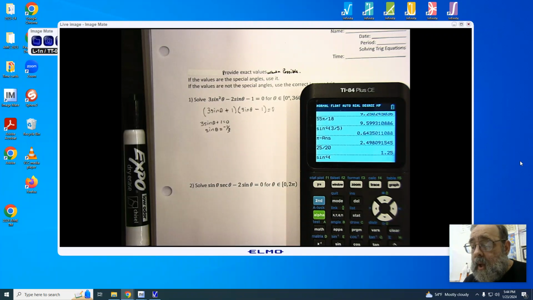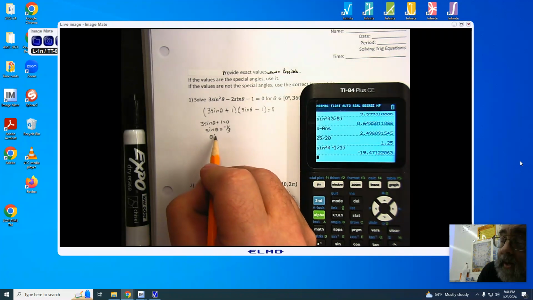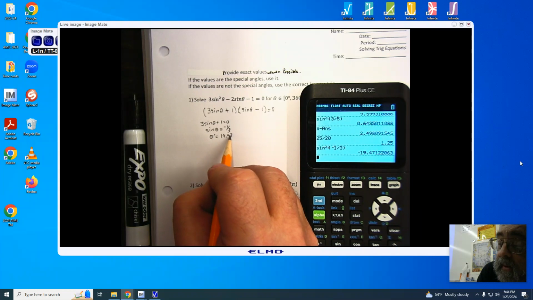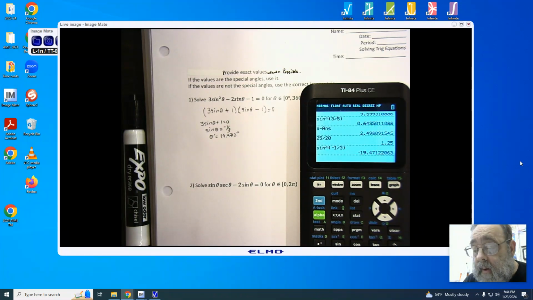As a result, when I put the negative 1/3 in, I know I'm going to get the opposite of the reference angle. So if I take its absolute value, I'll be able to find it, and my theta prime is going to end up being 19.4712 degrees.